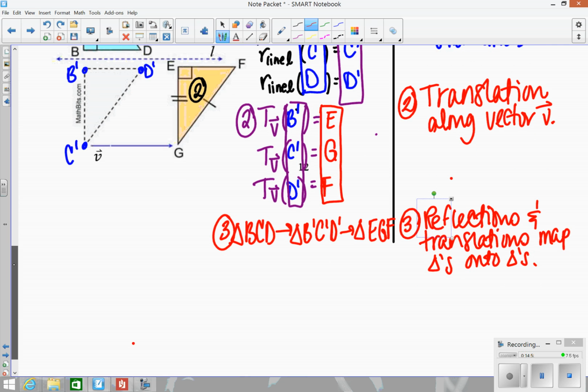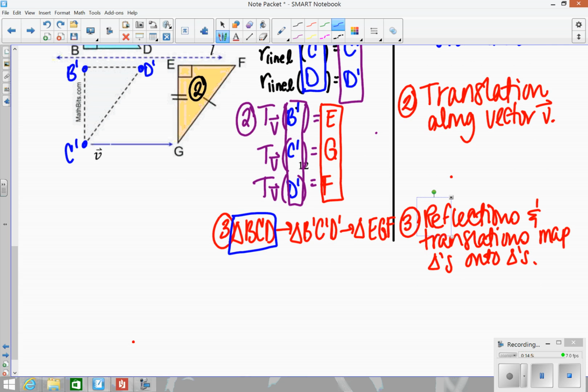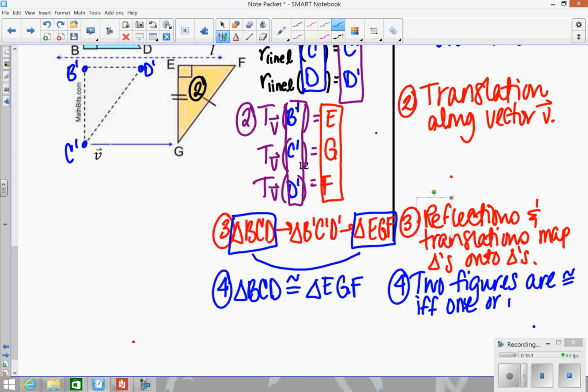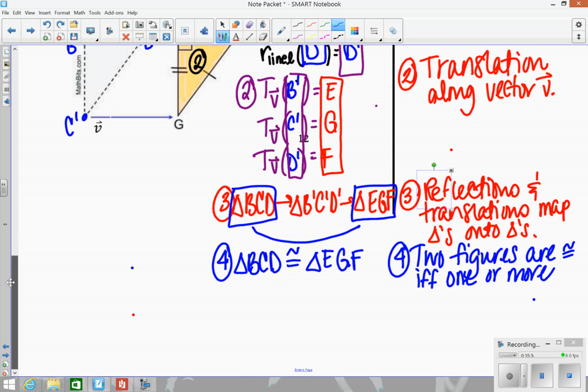So then therefore, since I've shown that this triangle that I started with got mapped to triangle EGF, that means that those two triangles are congruent because I've used a rigid motion to get from one to the other. So step 4 will be triangle BCD is congruent to triangle EGF because two figures are congruent if and only if one or more, I'm using one or more because it's not just one rigid motion, I've used two rigid motions.